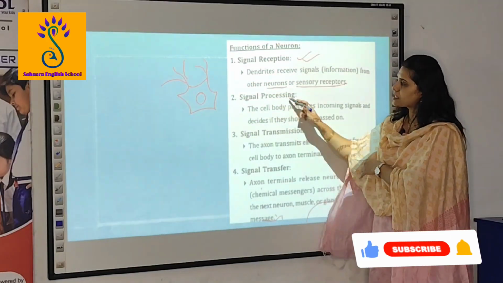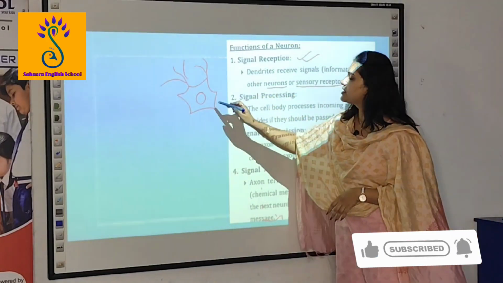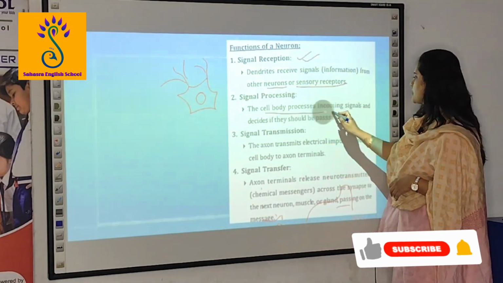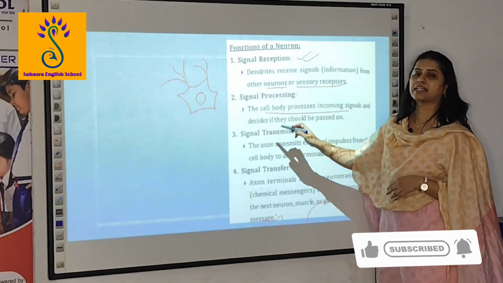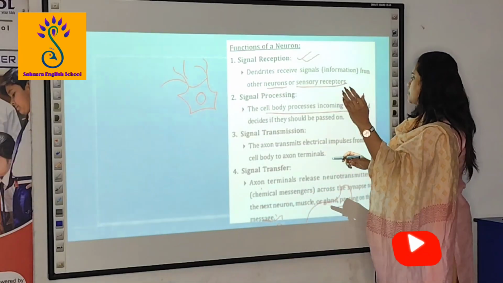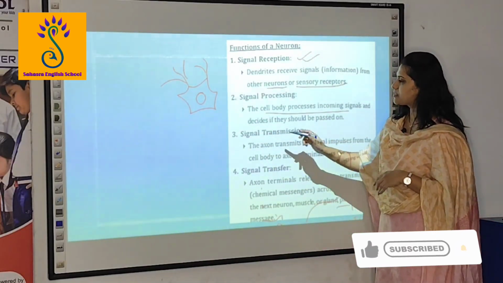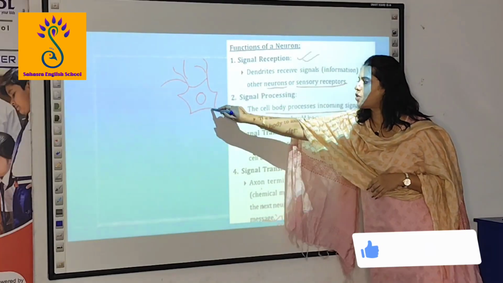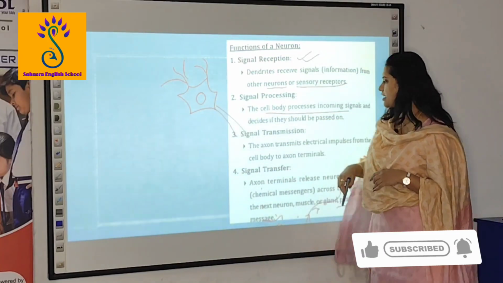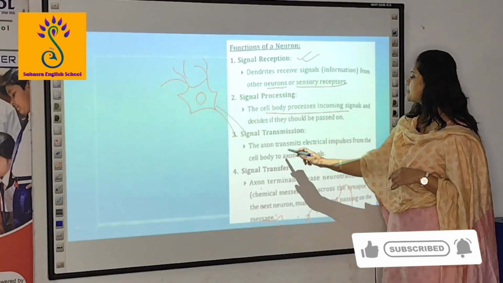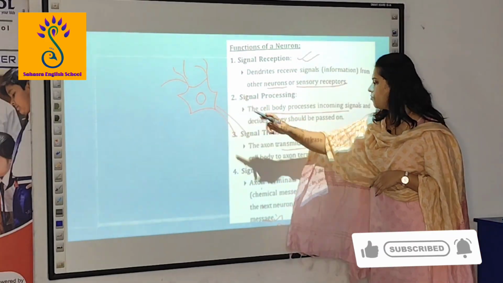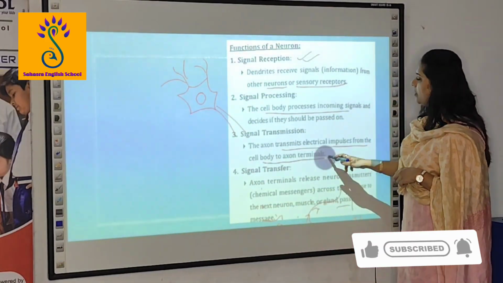Next, the processing. I told you the processing of this information goes on in the soma. The cell body processes the incoming signals and decides if they have to be passed. Then signal transmission is through the axon. The axon transmits these electrical impulses from the cell body to the axon terminals.